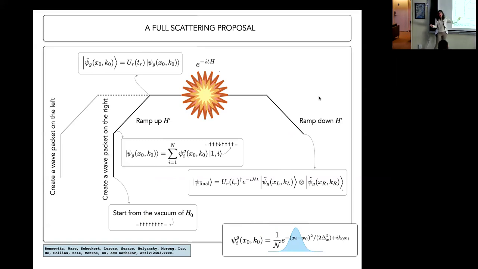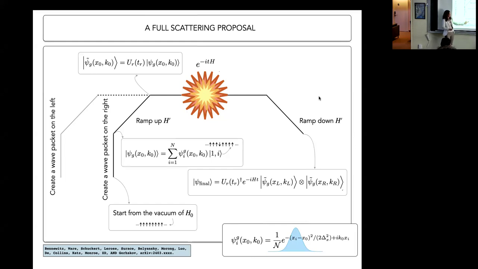And then I need a procedure to prepare them independently. I could do it sequentially or in parallel. In principle, both of these are possible. How do I do that? On either side of the chain, I start from the vacuum of the H0 theory, which was all up. In this theory, it's very easy to create these kink excitations and bound excitations.